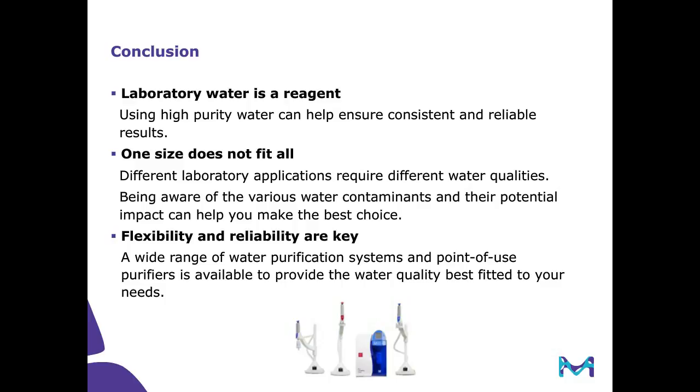And you should look at it like all your other reagents in the lab, and really make sure to use high quality water. Another thing is to adapt the water quality to the type of experiment you're doing, and take into consideration the specific contaminants that may have an impact on the type of experiment you're doing.